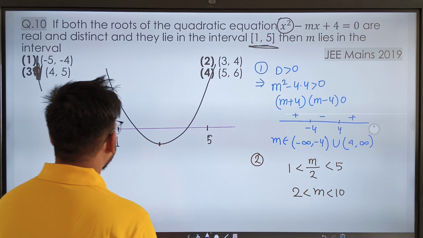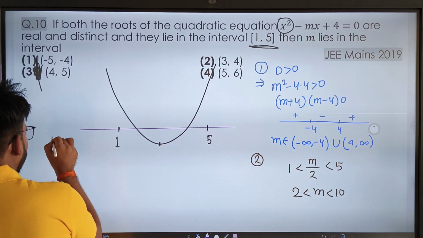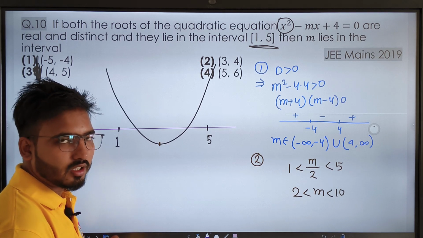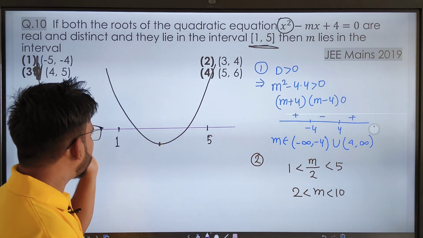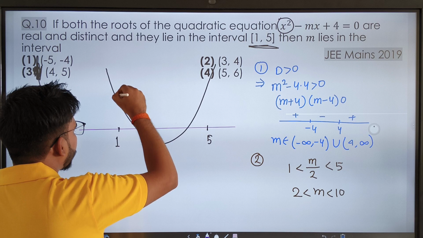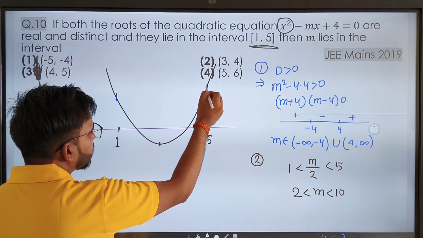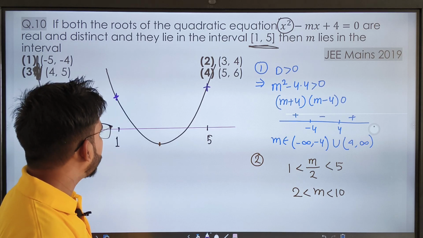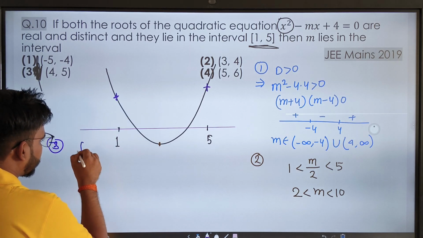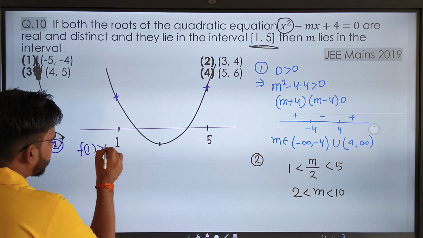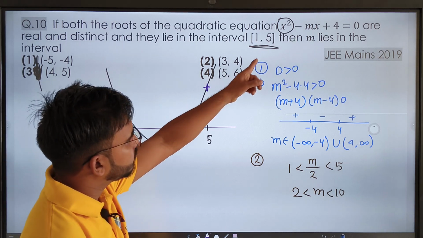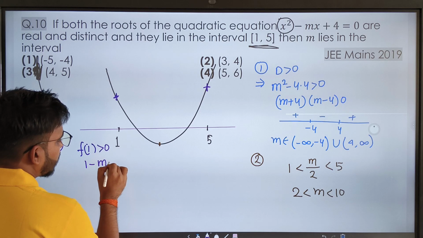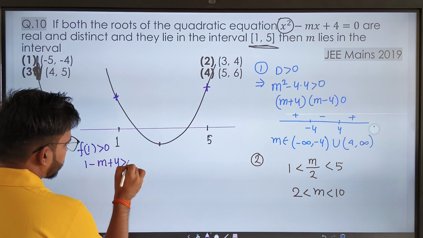Next, now option 3. Problem solution 3. Now the third or fourth option we can do. The value of the graph at this point and at this point, they are both positive. If they are both positive, I can say that f of 1 should be greater than 0. So what is the value of f1? Put the value here. It is going to be 1 minus m plus 4 greater than 0.